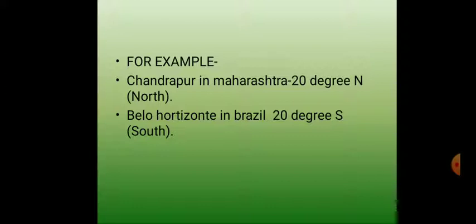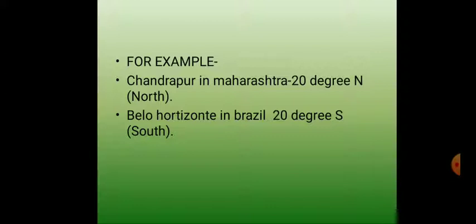Now let us understand with the help of an example given in your NCERT textbook. In the NCERT textbook, one example taken is Chandrapur, which is in Maharashtra, and another example is taken from Belo Horizonte, which is a place in South America. Both are located on the 20 degree latitude.